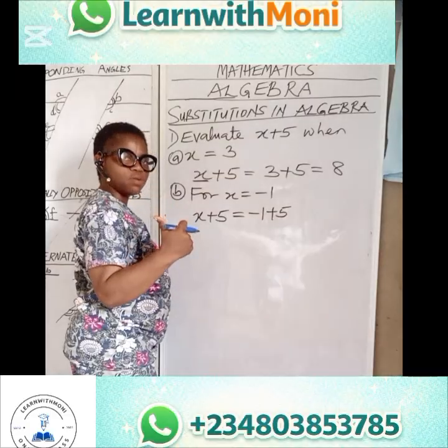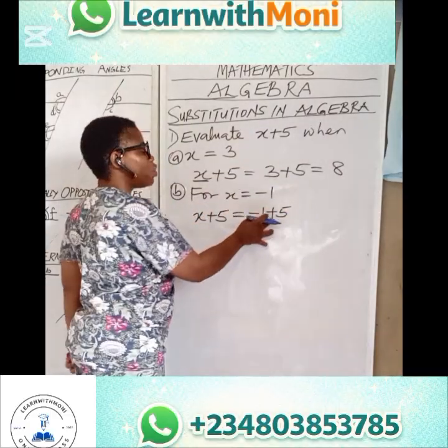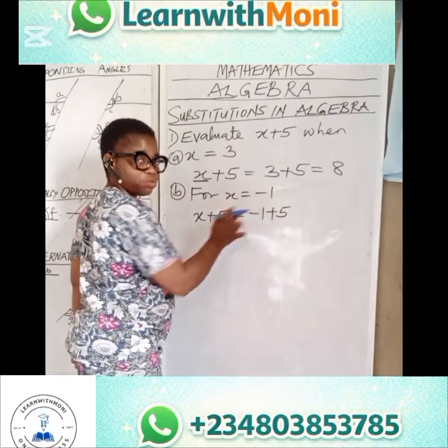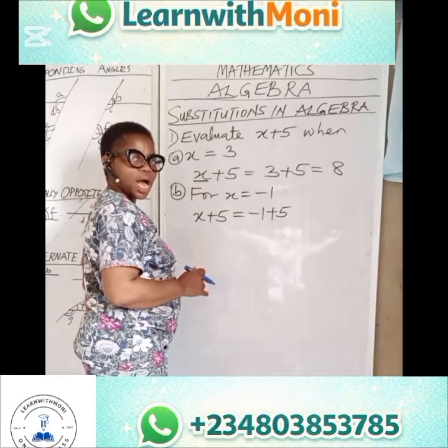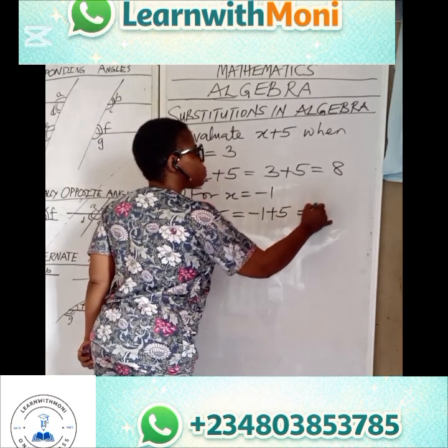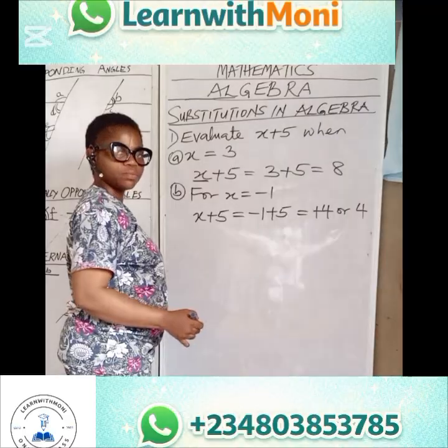You remember directed numbers? Minus 1 plus 5. That means you are owing 1 and you have 5 in your pocket. So the balance of such account is positive 4. Or you just write it simply as 4.